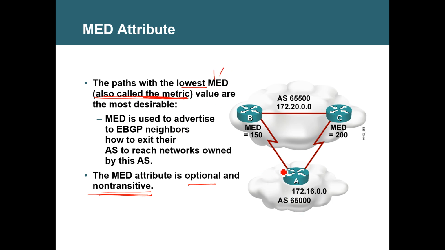Multi-exit: I have multiple exits, exit number 1, exit number 2, connected to the same autonomous system on the top, not two different autonomous systems. We call it dual homing. Only in this scenario will MED come into the picture. How?